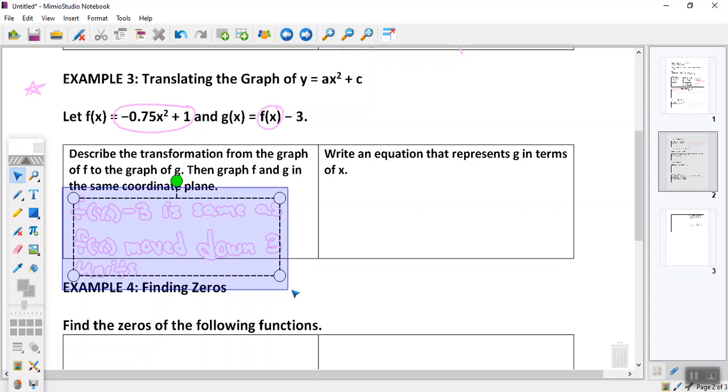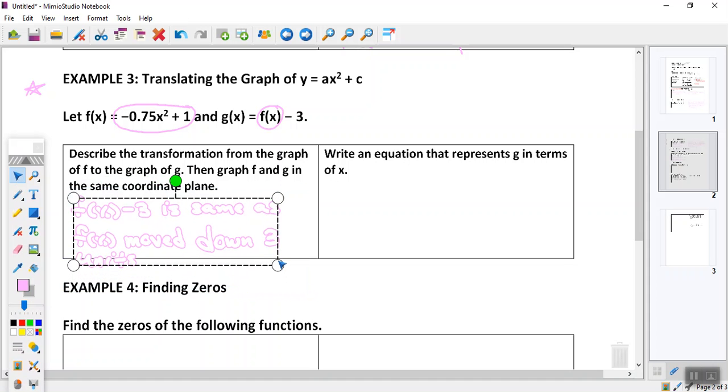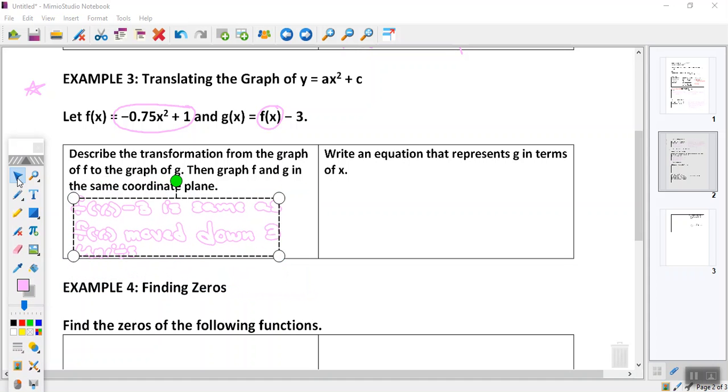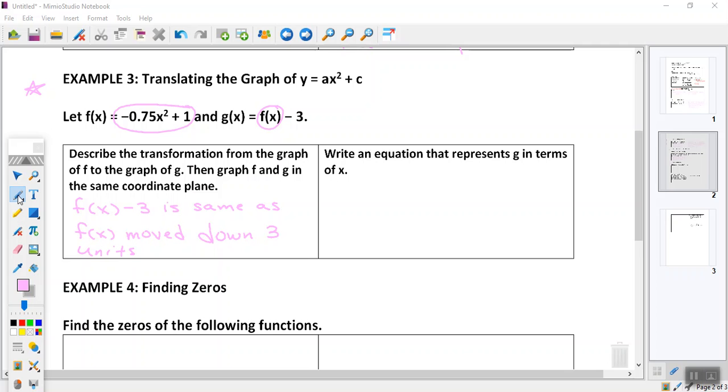So let's get this, kids. First of all, the part that I'm interested in seeing what happens right here is writing an equation that represents g in terms of what? Okay. Guys, right here, they say g of x is equal to f of x minus what?